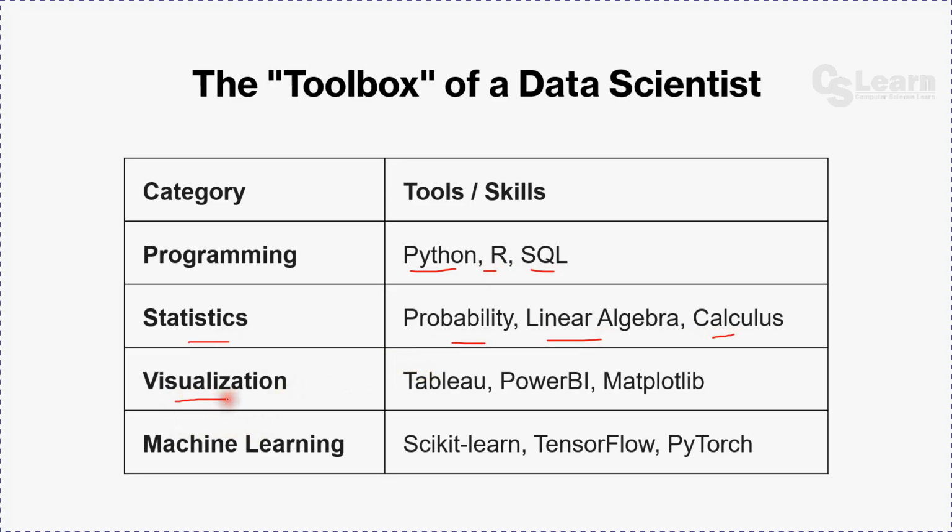And for visualization, we have a lot of tools, all very familiar: Tableau, Power BI, Matplotlib. Under machine learning: Scikit-learn, TensorFlow, PyTorch. These are all the tools you need to know if you want to become a data scientist.